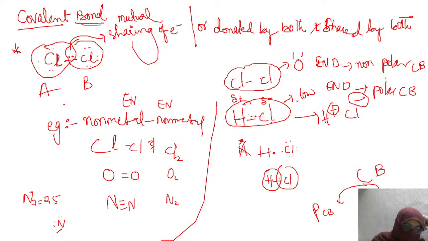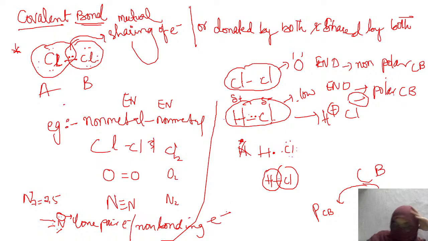So if it is forming 3 bonds, 2 electrons will be left. They are called lone pair electrons or non-bonding electrons. So that means nitrogen has 1 lone pair on each nitrogen.